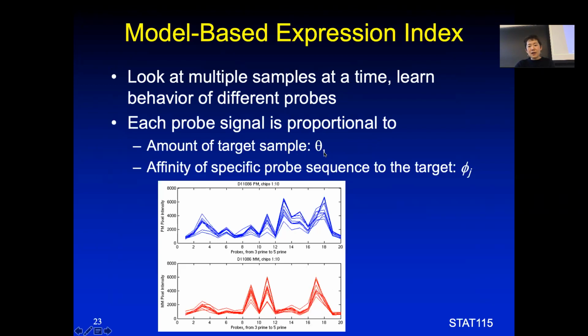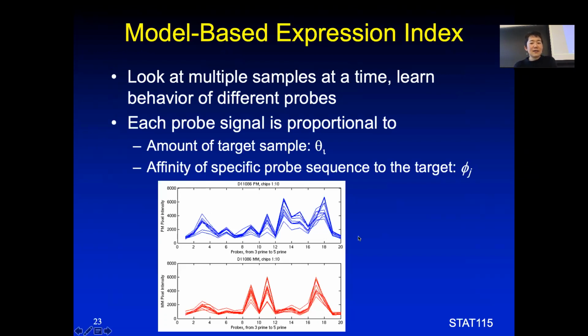One is the amount of actual RNA or cDNA, or how much this gene is expressed in that particular sample. That's what you want to estimate. The other factor that influences the probe signal is the affinity, or how good this probe is at measuring that expression level. And you can clearly see different probes have different behavior.